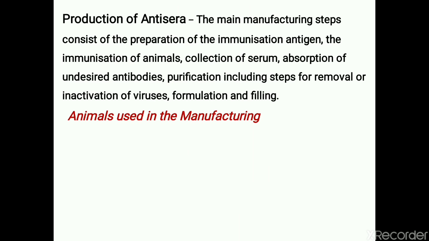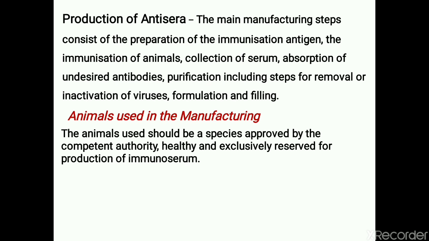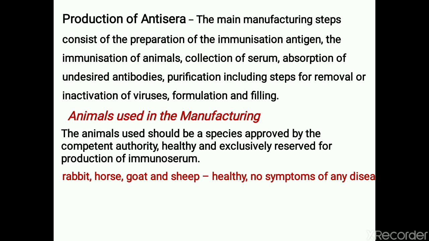There are certain animals which are used in the manufacturing of immunoglobulins. The animals used should be a species approved by the competent authority. It should be healthy and exclusively reserved for the production of immunoserum. These experimental animals include rabbits, horses, goats, and sheep.